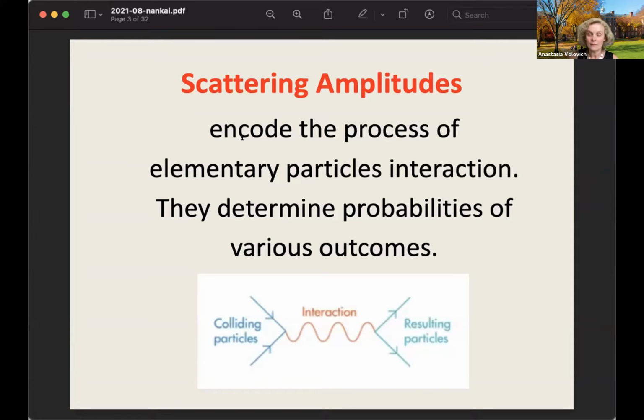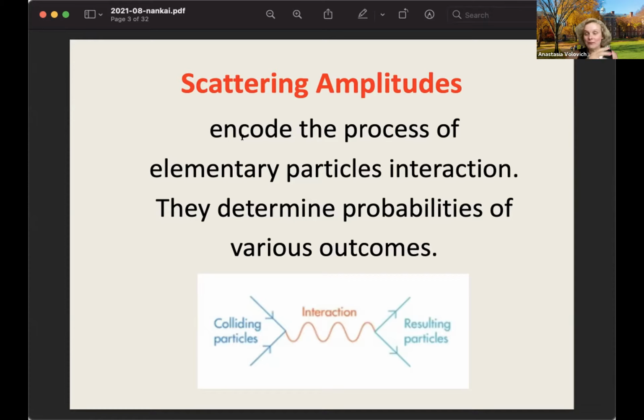So in this diagram here, you have a picture of a 4-point amplitude: 2 particles come in and 2 particles come out. So you'll hear about 5, 6, 7, 8, 9, etc. point amplitudes. The amplitudes determine the probabilities of various outcomes.